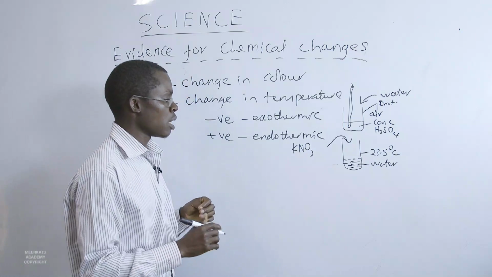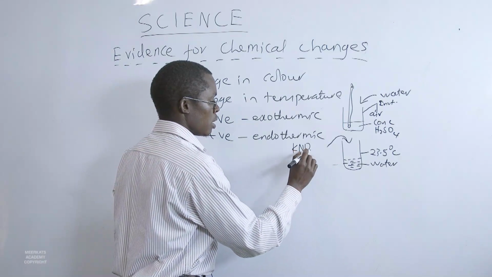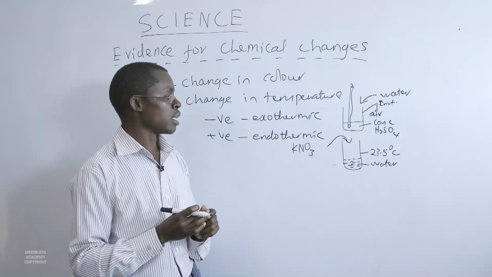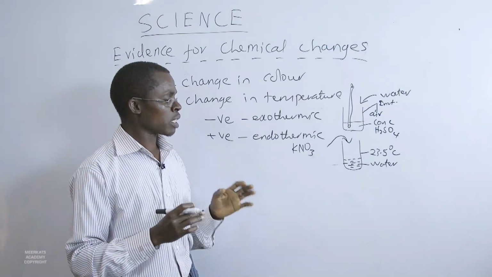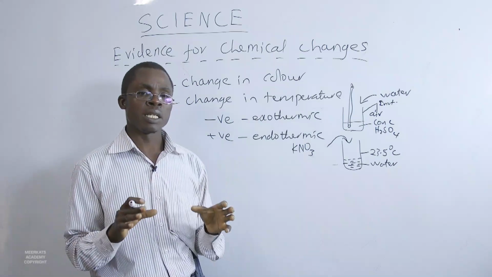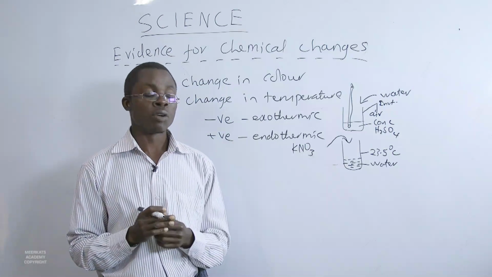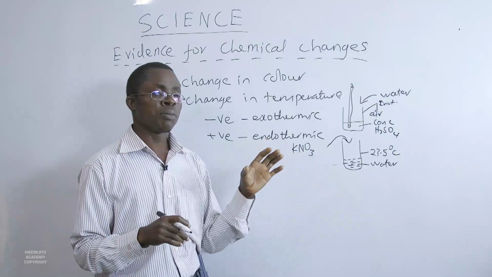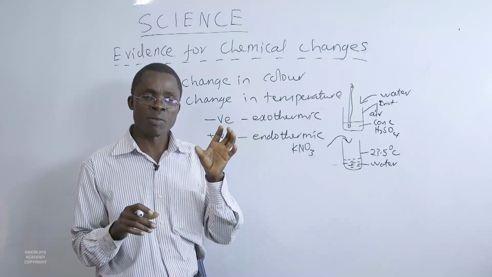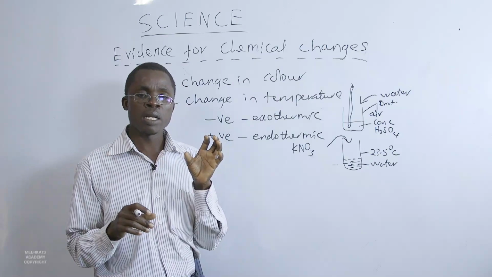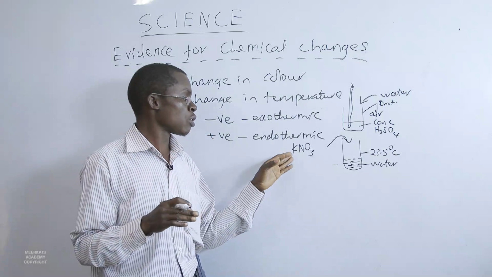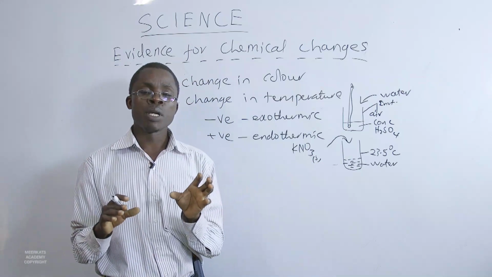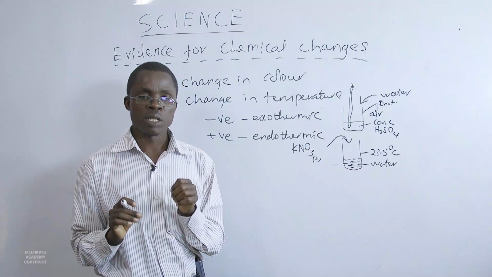That is to dissolve potassium nitrate in water. You will discover that by touching the container, on addition of potassium nitrate as you stir, and at the end of the solid dissolving, the beaker will be very cold.